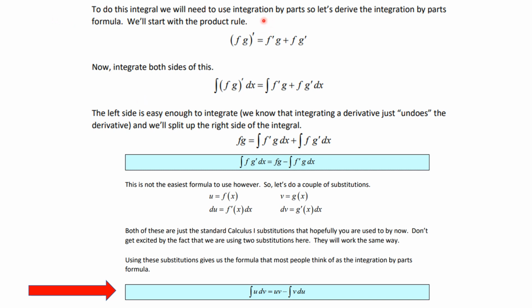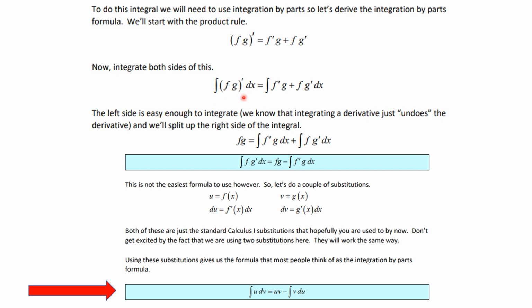So we're going to derive a formula for integration by parts, and here's how we begin. Let's start with the product rule from Calc 1. This is the derivative of the product fg. So fg whole prime is equal to f prime g plus f g prime. Now we integrate both sides of this, and we let the constant be the same on each side, so it's going to be 0.